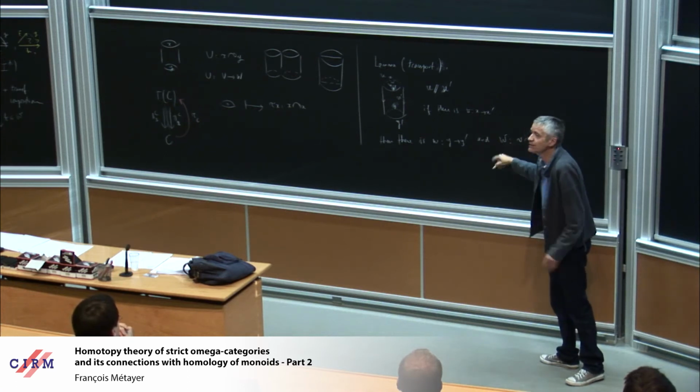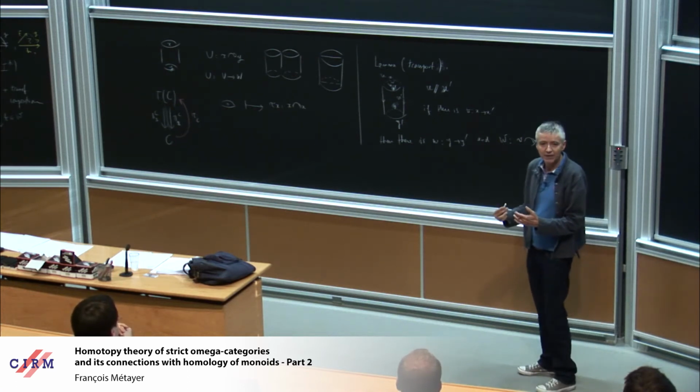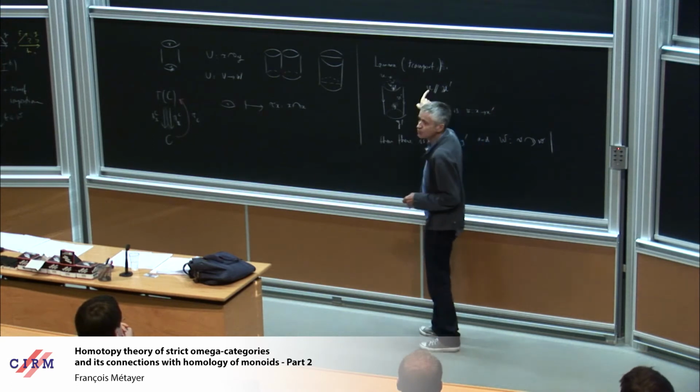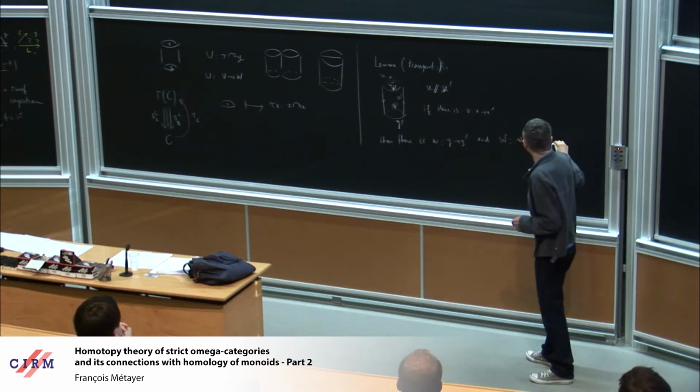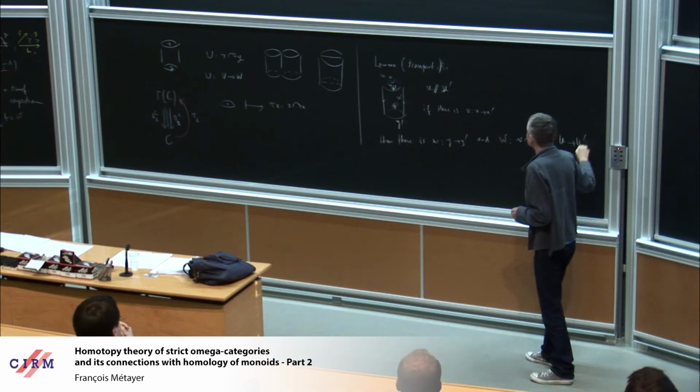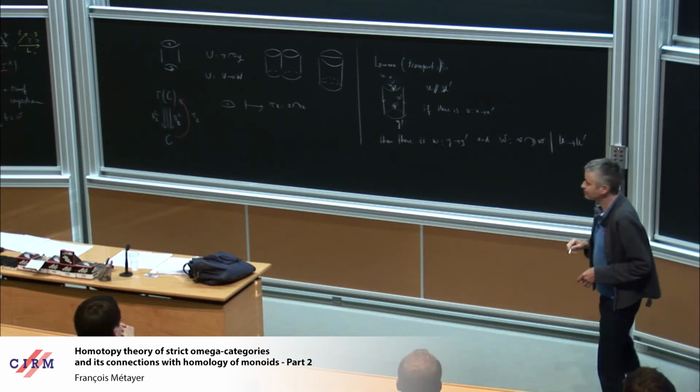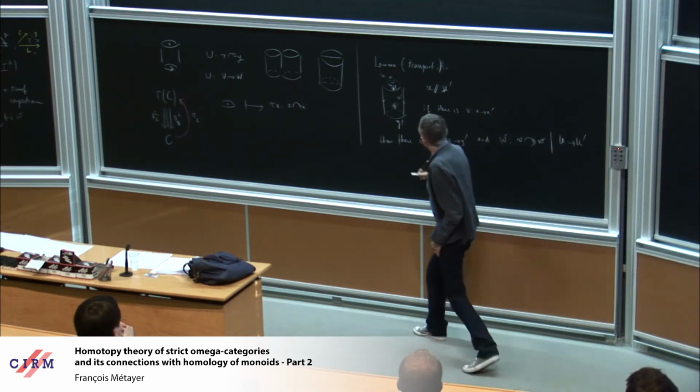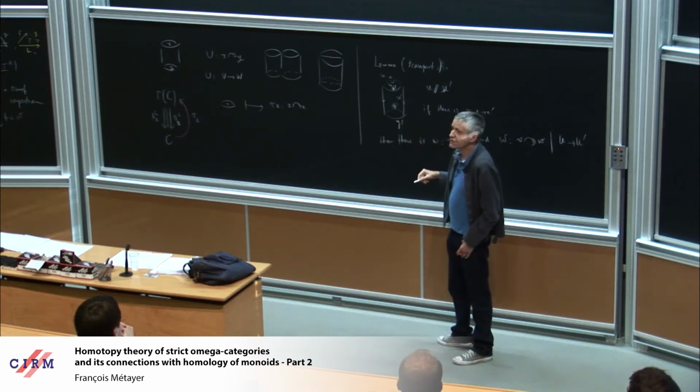And this cylinder, in the category of cylinders, has source U and target U prime. So it goes from U to U prime, like this. And that's the first part of the lemma.